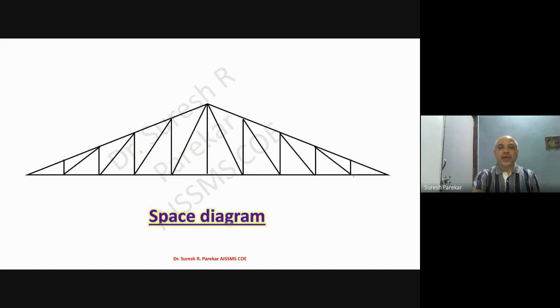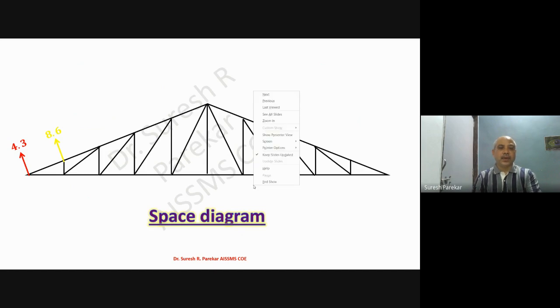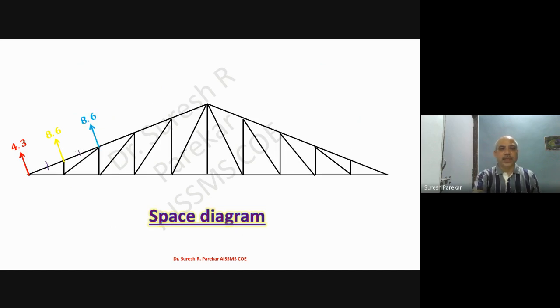For wind load, we have already calculated the values, and the wind load is perpendicular to the roof. At the end panel points we have half load, from one side only; on the other side we do not have any load, and therefore we have half value, and all other panel points we have developed that. So we have 8.6 kilonewton.